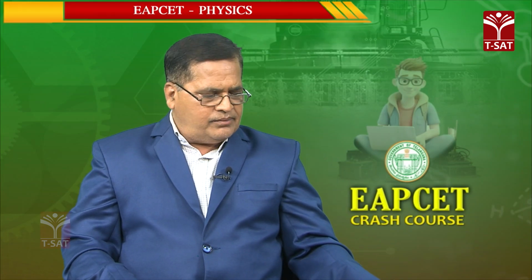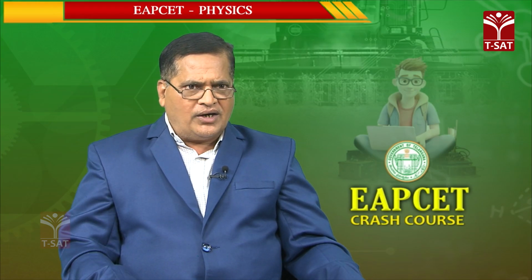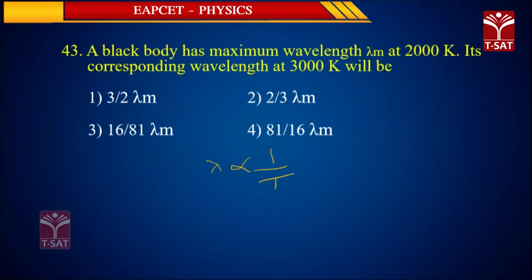And here, a black body has maximum wavelength lambda m at 2000 Kelvin. Its corresponding wavelength at 3000 Kelvin will be. Here you apply Wien's displacement law, children.